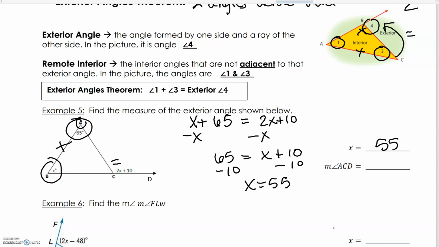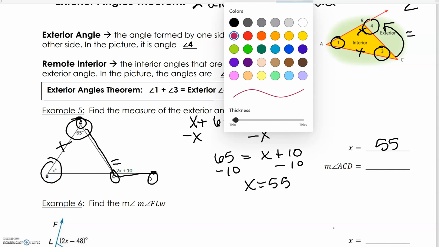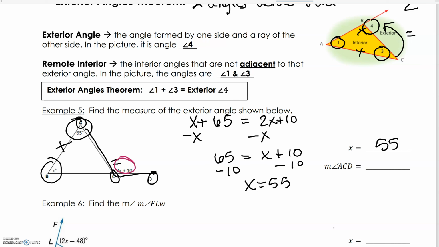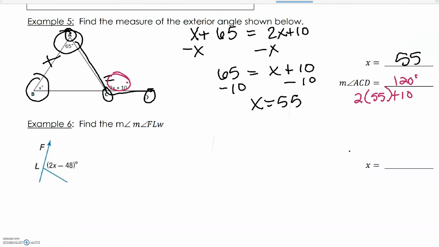And I know ACD is this angle here, the 2x plus 10, my exterior angle. So I'm going to take 2 times 55 plus 10, and that is going to be 120 degrees for my exterior angle.